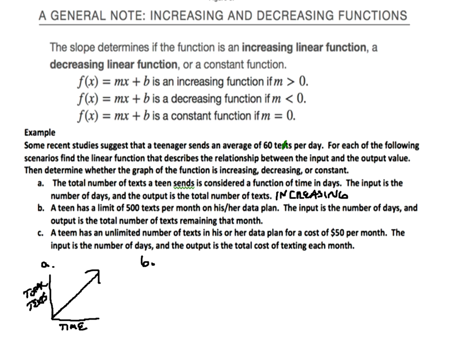function. All right, B. A teen has a limit of 500 texts per month on his or her data plan. The input is the number of days, and the output is the total text remaining.